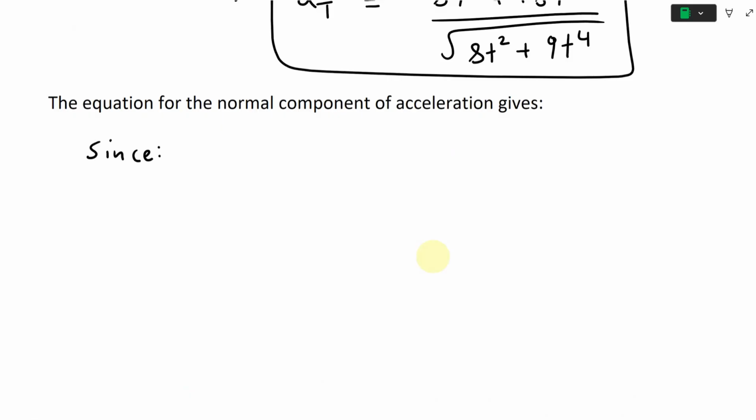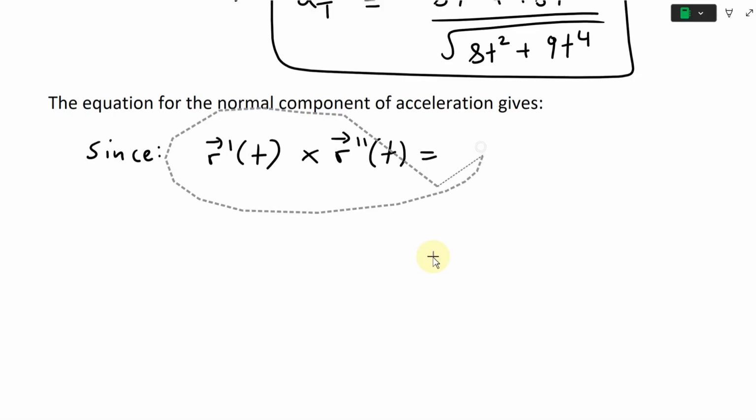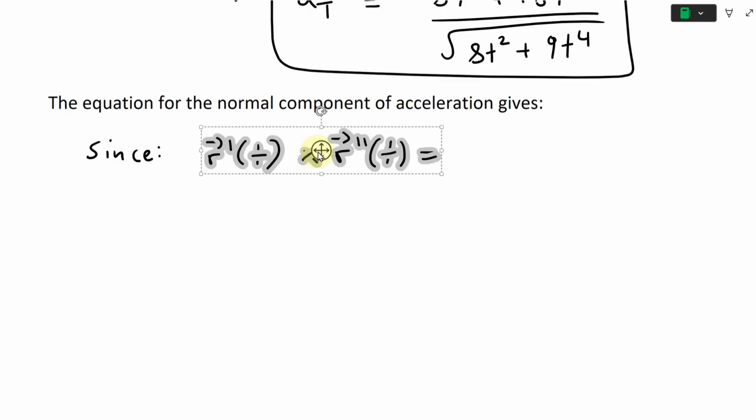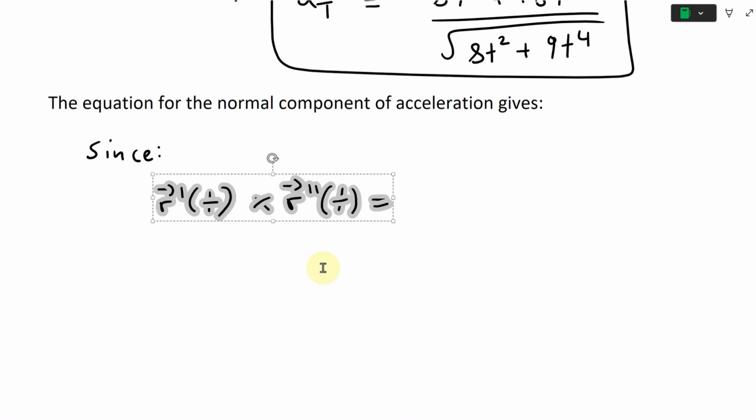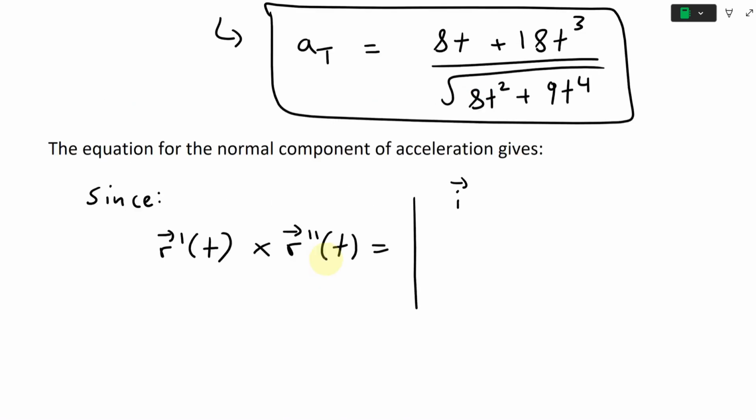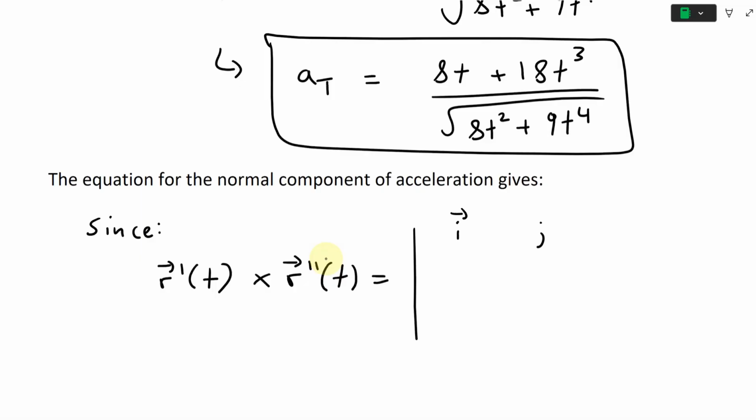So we have r prime cross with r double prime. Let's write this in our cross product setup, the determinant form. This is our i component, j component, and k component.